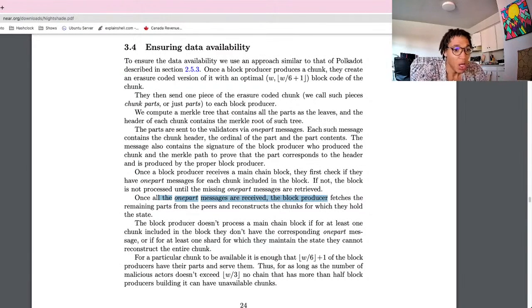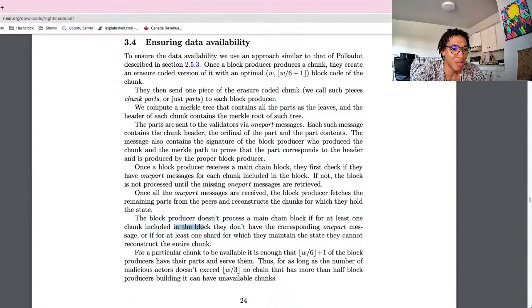Very interesting. So once it's all received, the block producer fetches the remaining parts from the peers. The block producer doesn't process a main chain block if, for at least one chunk included in the block, they don't have the corresponding one part message.